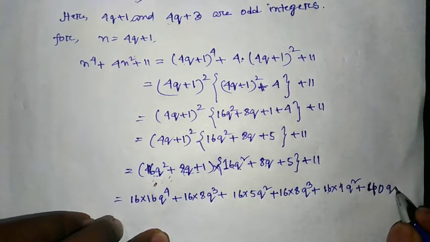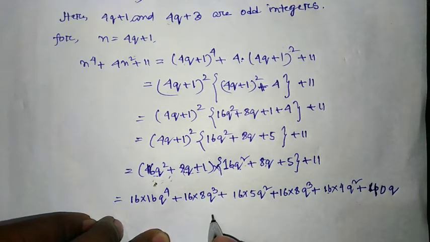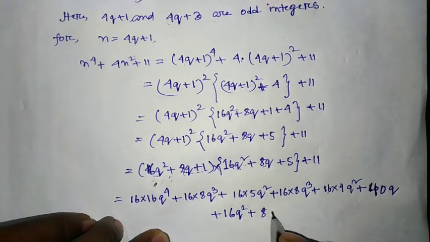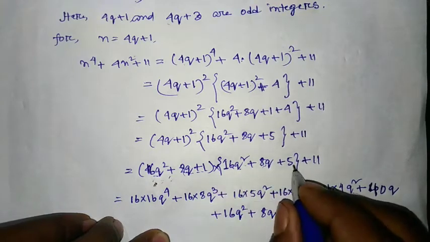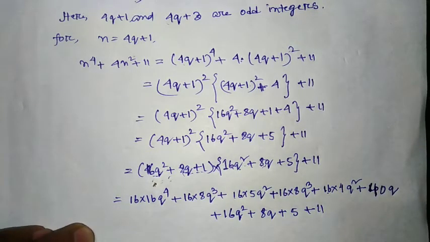So 16, 8 into 8, 64. 64 can be written as 16 into 4, so q^2. Then 8q into 5, that means 40, sorry, 40. Since it cannot be written as a product of 16, we have to write 40q here.